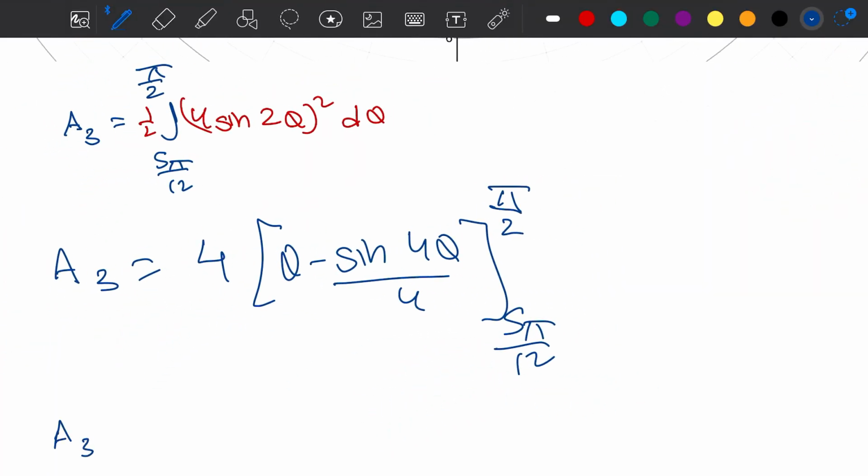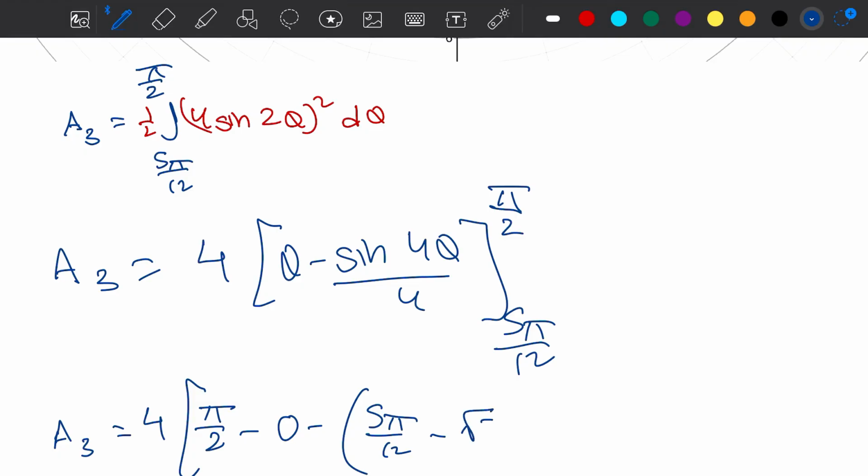A sub 3 equals 4 pi over 2. Now sine of 4 theta, that is just 0, right? Yes, sine of 4 times theta, making theta pi over 2, is just 0, minus 5 pi over 12. Now we had sine pi over 3, sine pi over 3 is root 3 over 2, minus root 3 over 8.